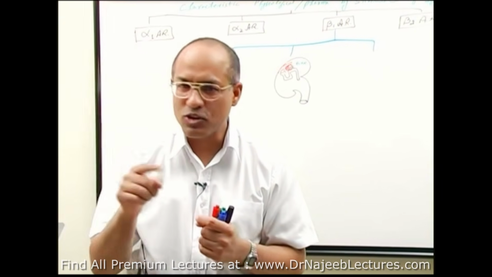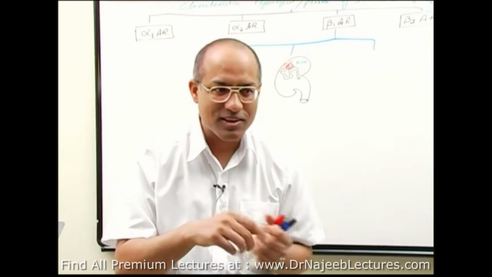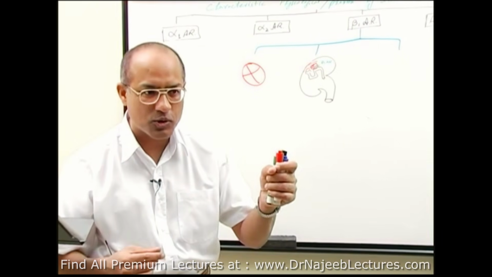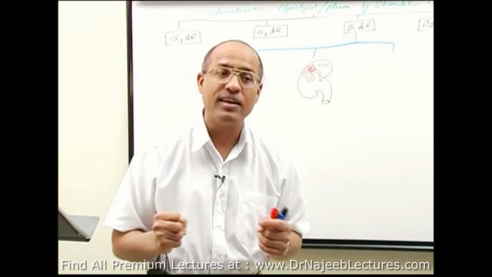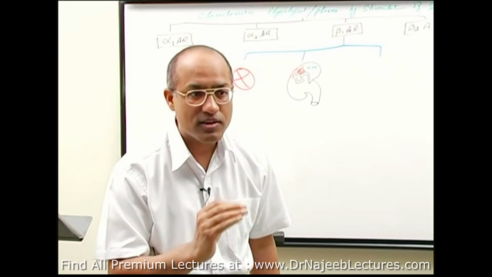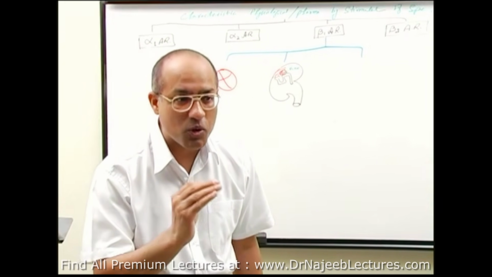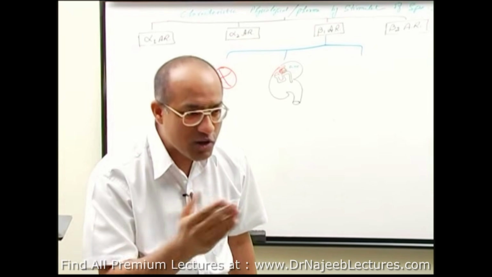Even aldosterone will also be less. You know, angiotensin 2 not only constricts arterioles, not only constricts veins, angiotensin 2 also stimulates the zona glomerulosa to produce aldosterone.